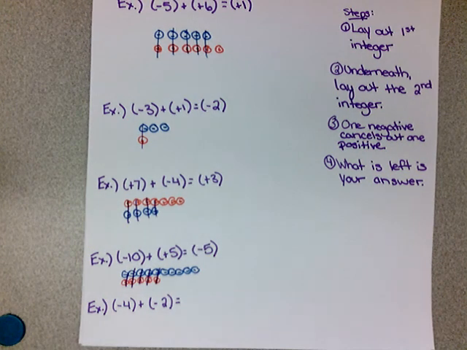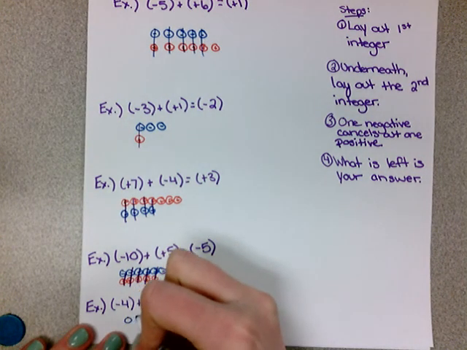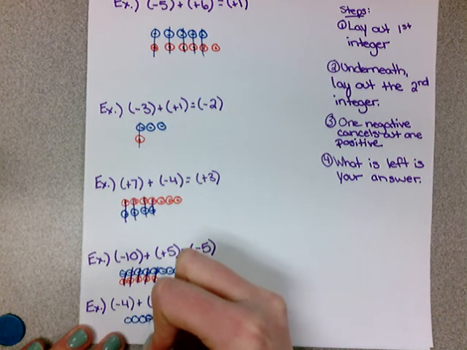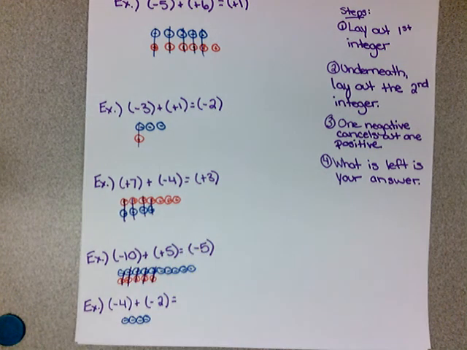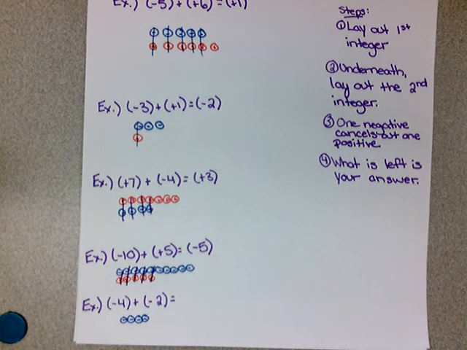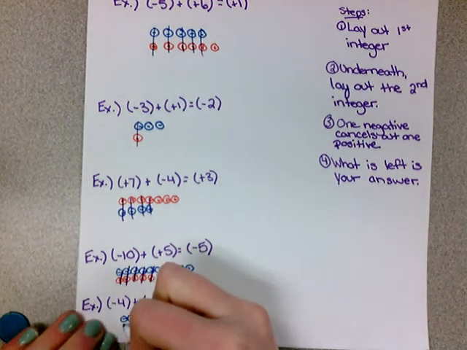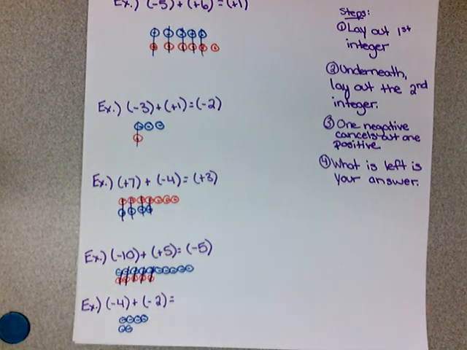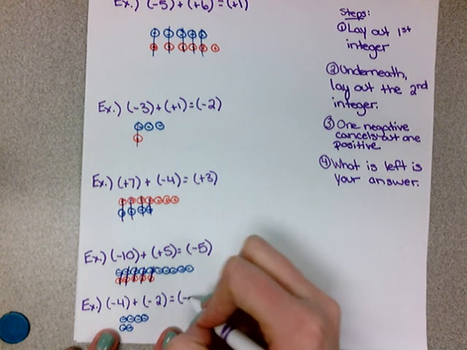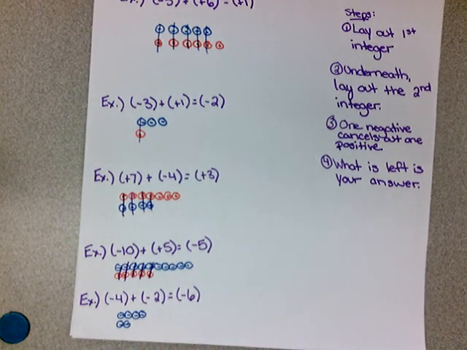And the last one here, we start with -4. We add in -2. Now you can see on this one, we can't use the zero principle since they're all the same sign. We just have 6 negatives there. So that's what we're left with, and that's our answer. We have an answer of -6.